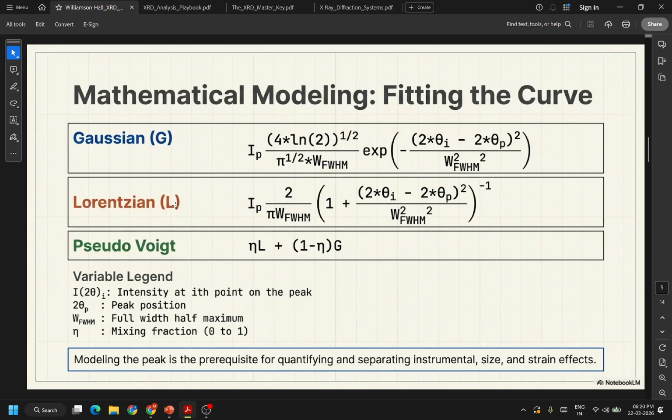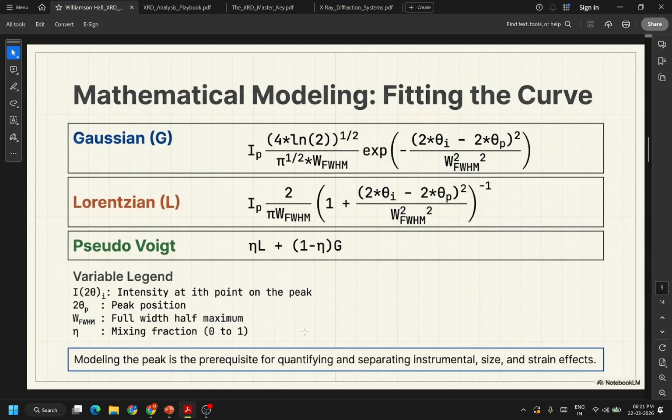Then you have your Voigt function, which is a combination of your Lorentzian and your Gaussian curves. The actual Voigt function is much more complicated. So instead of that, we use the pseudo-Voigt function, which is just a linear combination of your Lorentzian and Gaussian function: eta L plus (1 minus eta) G, where eta is your mixing fraction from 0 to 1.